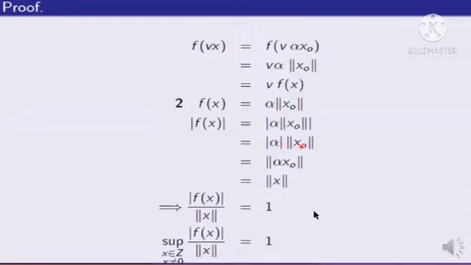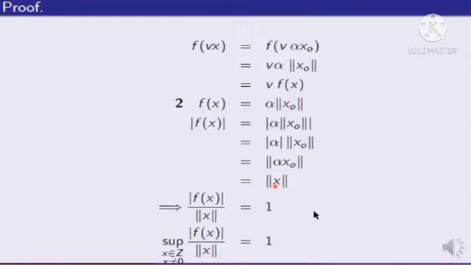Here we use the property of norm, that is we can combine alpha and x0, and alpha x0 is equal to x. So the absolute value of f of x is equal to the norm of x.